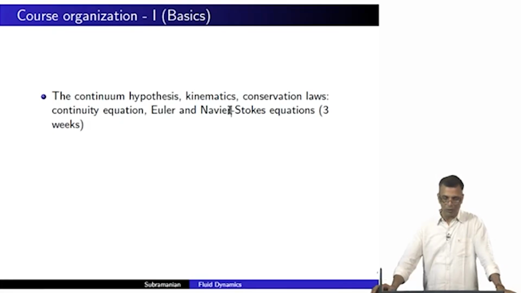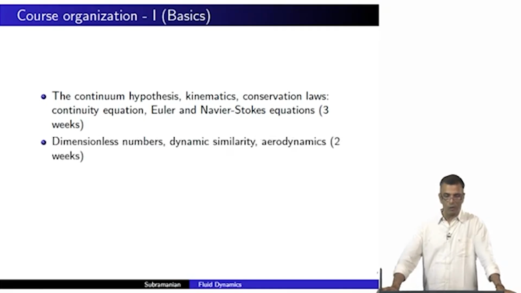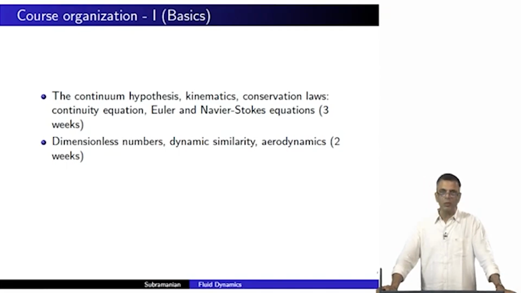So we will spend roughly 3 weeks on this, and after this we will go on to what are called dimensionless numbers, and this is one thing that's peculiar to fluid dynamics, plasma physics, and things like this. You don't work with dimensional quantities such as energy, momentum, and so on and so forth.